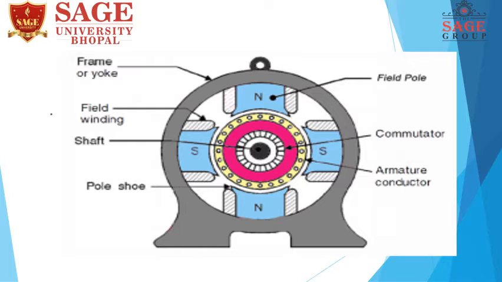The frame or yoke is a stationary part. Field winding is a stationary part. Pole shoes and pole core are also stationary parts, and the commutator, armature and armature conductor are the rotating parts. Here is some explanation of each component.